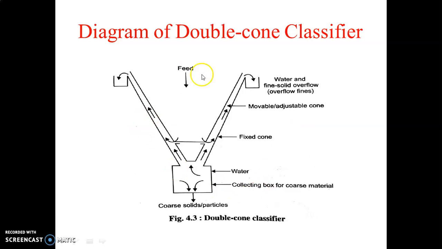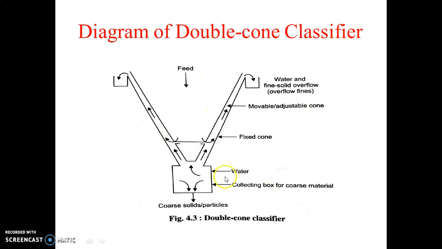In this double cone classifier, the lower part of the inner cone is slightly cut, and the outer cone is a fixed cone and the inner cone is a movable or adjustable cone.